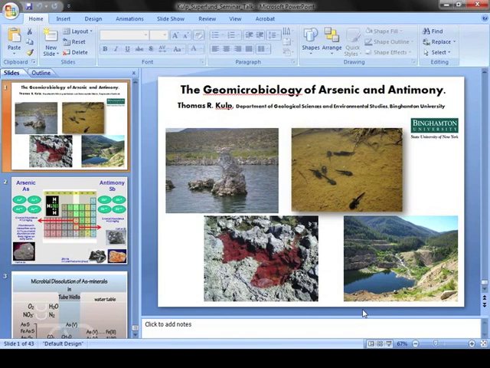But in terms of high arsenic concentrations, we have this in the United States. We have some places in Nevada that are also associated with hydrothermal settings. There's some high antimony, for example, around Yellowstone. The place where antimony contamination is really a big problem right now is in China and in parts of Australia. There's large antimony mines in China, one in particular, where most of the world's antimony supply is coming from right now.